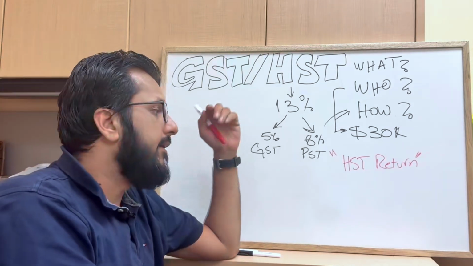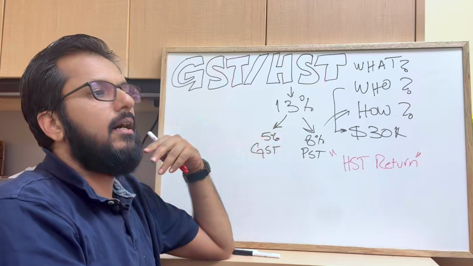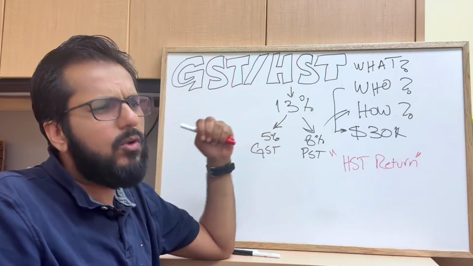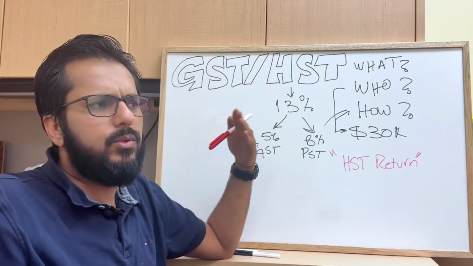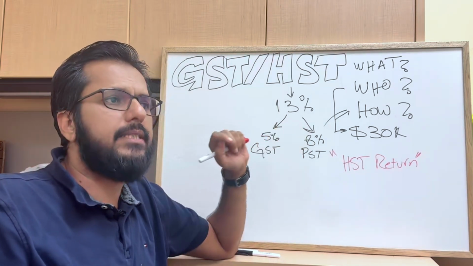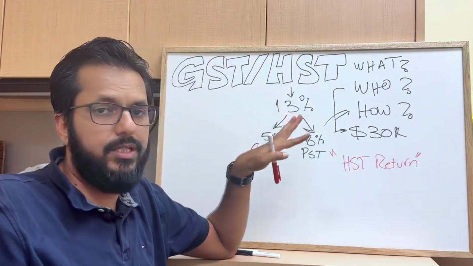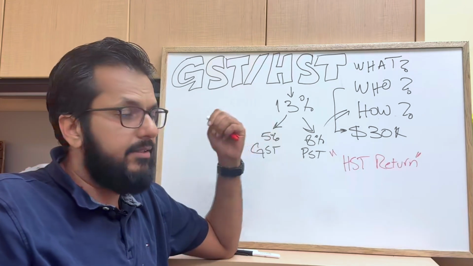Also keep in mind that the frequency of the HST return depends. For new contractors, or most of the contractors, I always advise them to do it annually, right? That means just file one HST return at the end of the year for the whole year, for the second calendar year, actually.